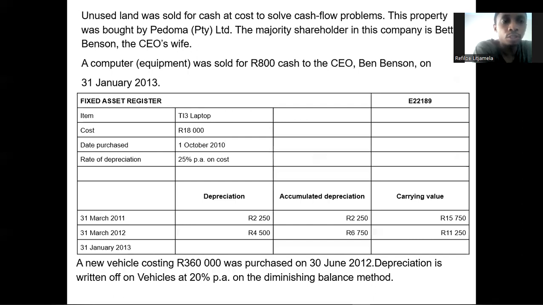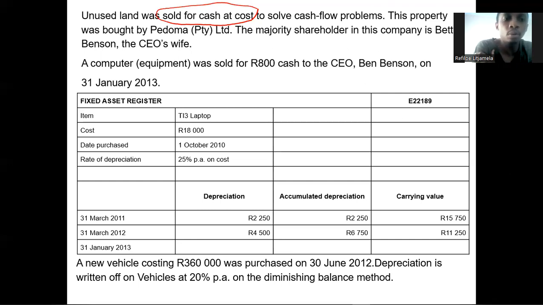Continuing with the information, they told us that unused Lennon Buildings was sold for cash at cost price to solve cash flow problems, meaning that the entity didn't have enough cash, to be precise.